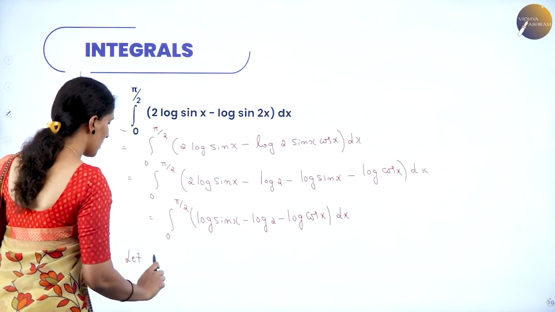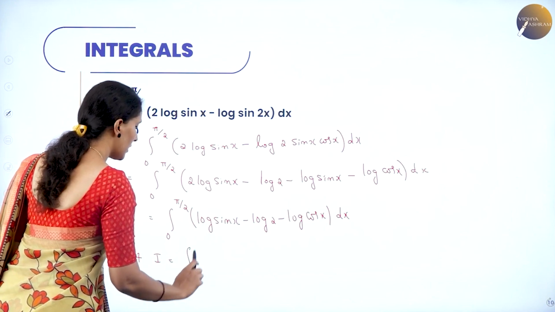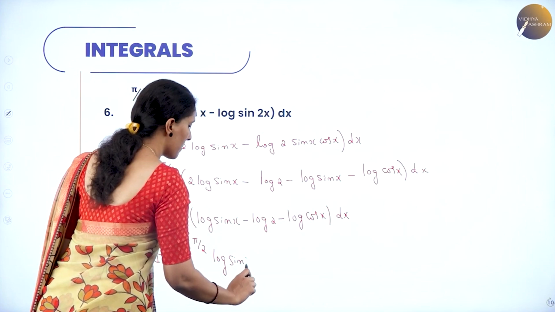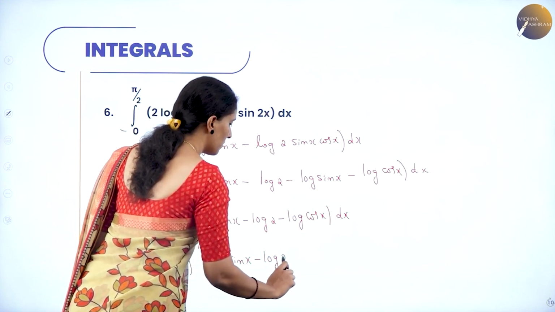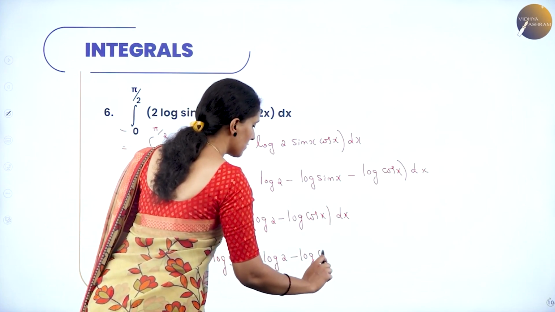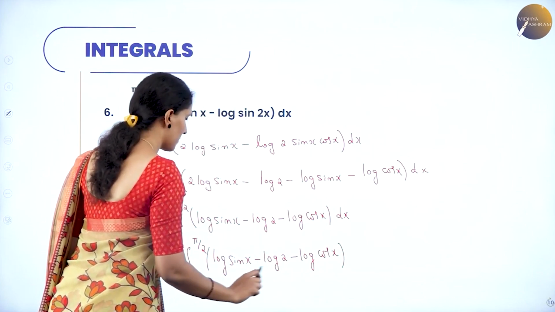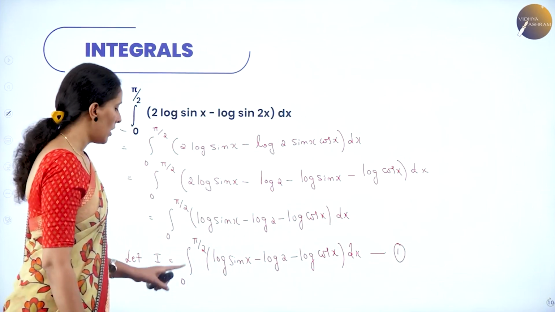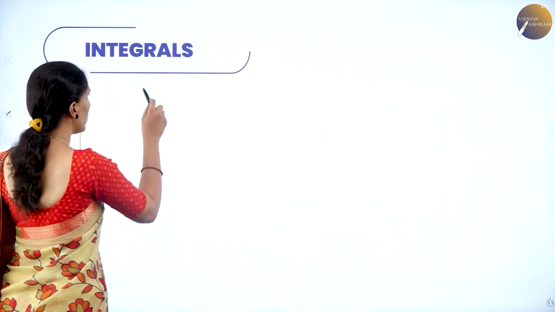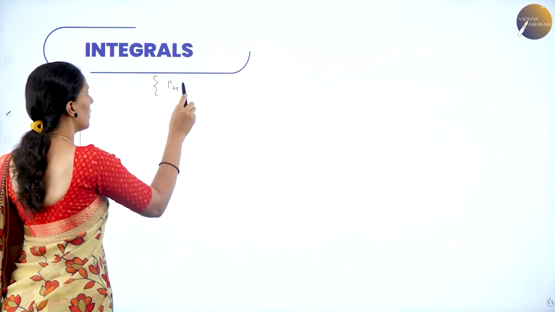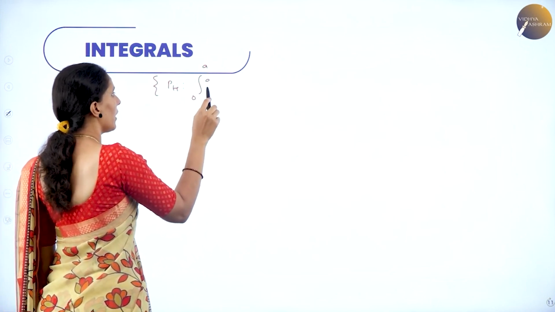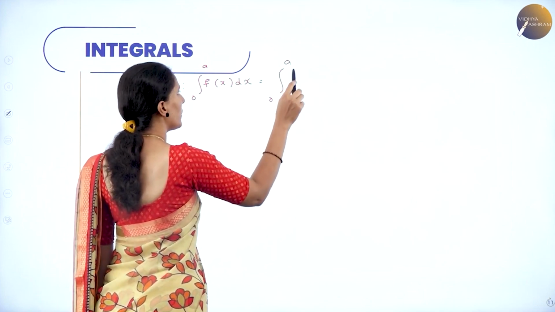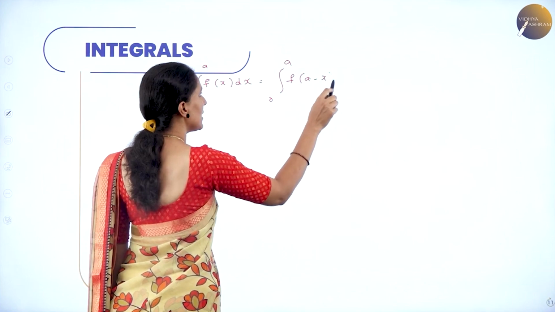Let I be equal to the integral from 0 to pi by 2 of log sin x minus log 2 minus log cos x dx. Let me take this as equation 1. Now using property 4, that is P4, the integral 0 to a of f of x dx can be written as the integral 0 to a of f of a minus x dx.